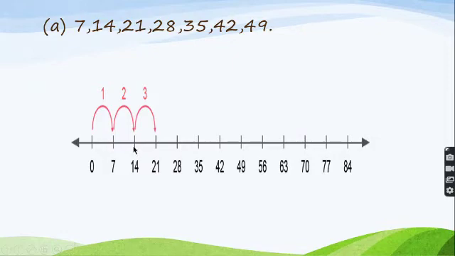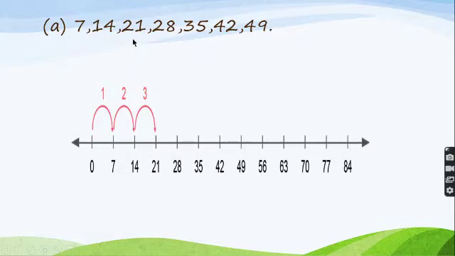When you again start jumping from 14, or add 7 to 14, what will your next number be? Yes, your next number will be 21. So you hop from 14 and you land on 21.